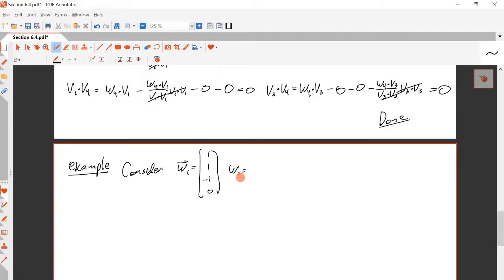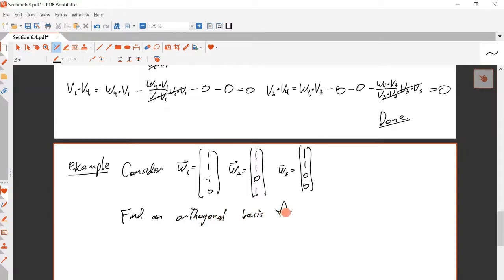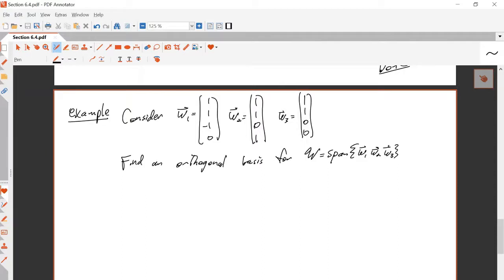W2 equal to 1, 1, 0, 1. And W3 equal to 1, 1, 0, 0. So find an orthogonal basis for W being the span of W1, W2, W3. These are already linearly independent. You can check it, but they are.